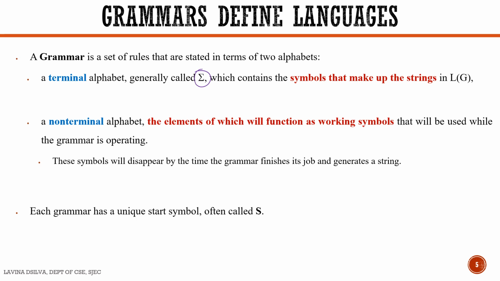And among these non-terminal symbols, we also have another unique symbol. This symbol is called the start symbol, and in most grammars, it is represented as S. If we do not have this symbol S present, then it can be any other alphabet also, but they will mention that such and such a symbol is a start symbol.